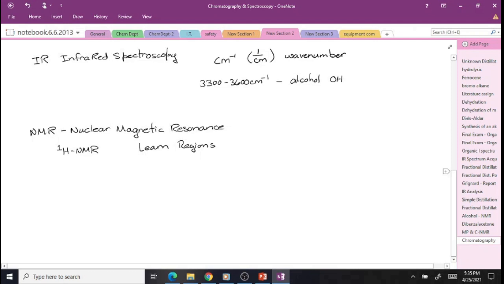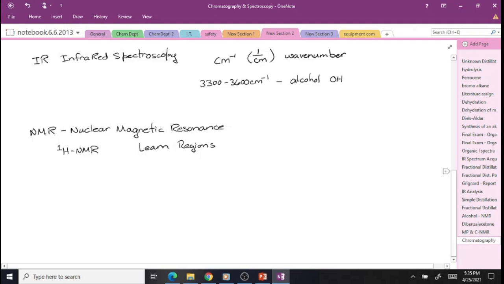But you should be able to interpret a spectrum. So if you're given a spectrum, you should be able to look at it and determine which compound that represents from the spectrum alone. For infrared spectroscopy, of course, you don't get particular compounds, but you get functional groups.